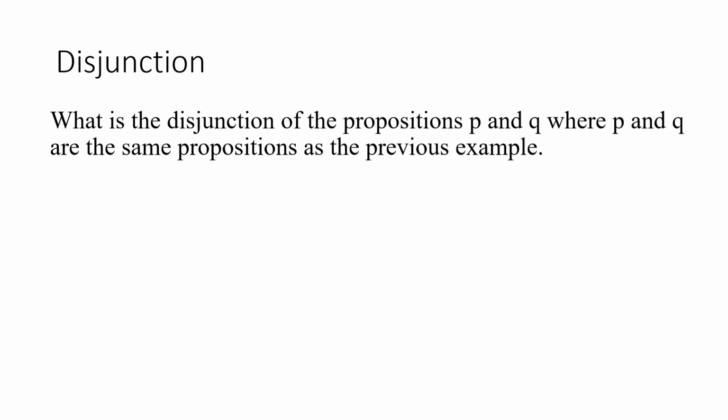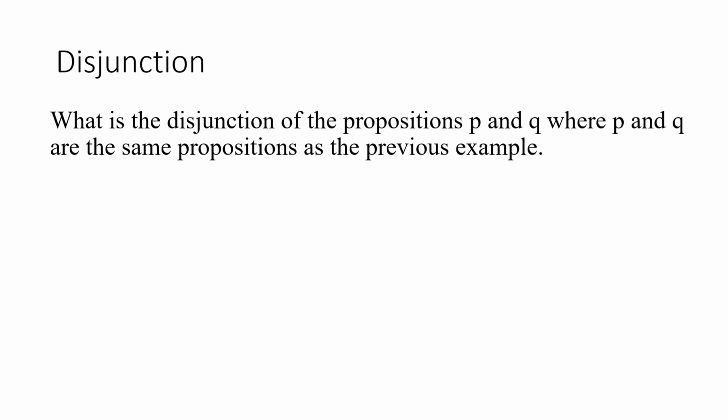P is: Rebecca's PC has more than 16 gig free hard disk space, and Q is: the processor in Rebecca's PC runs faster than 1 gigahertz.